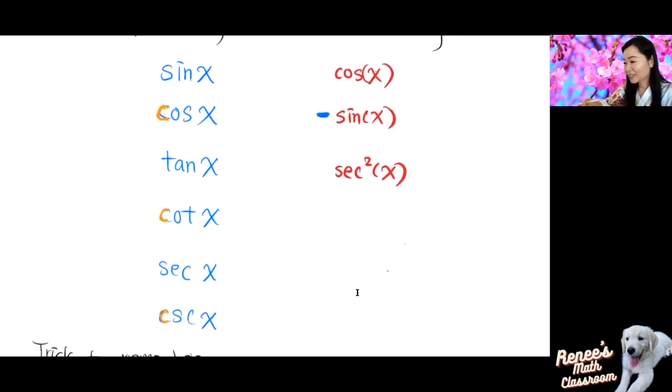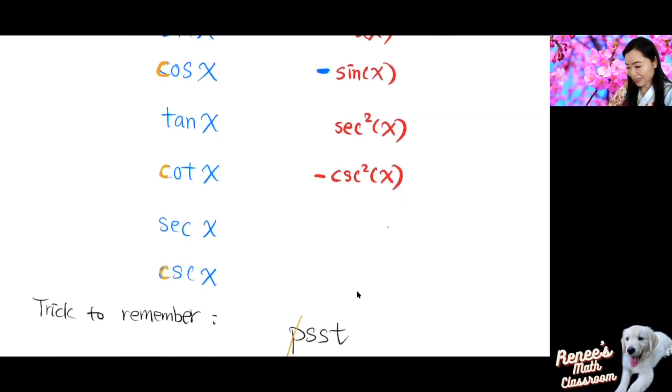Duality for cotangent x? Similarly, we can prove that the duality of cotangent x is equal to negative cosecant square x. And the duality of secant x is secant x times tangent x.